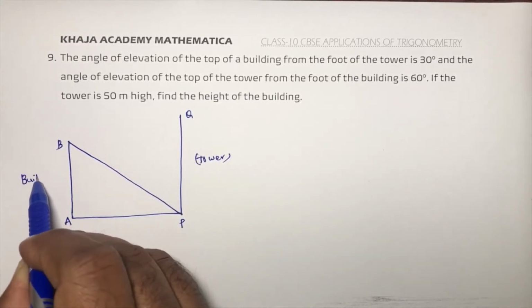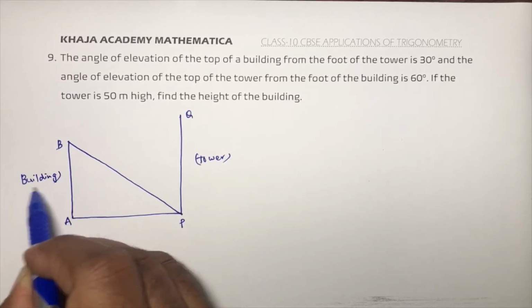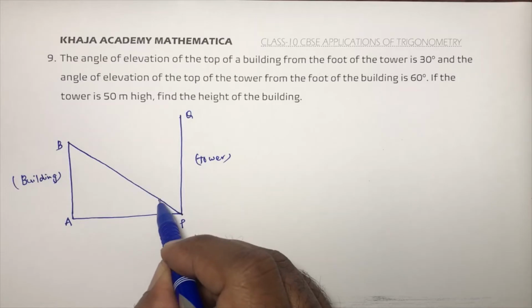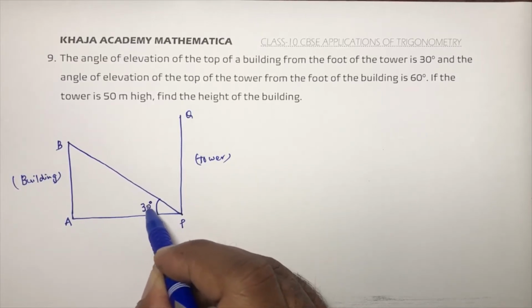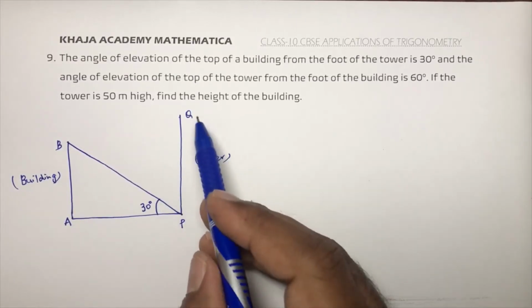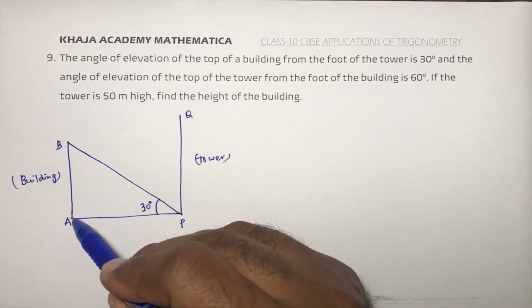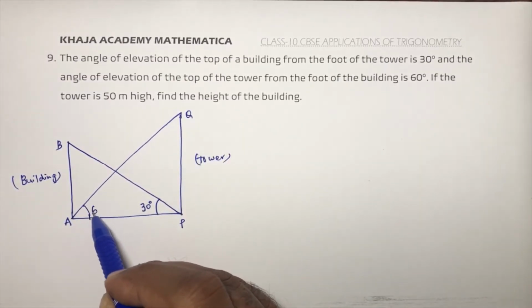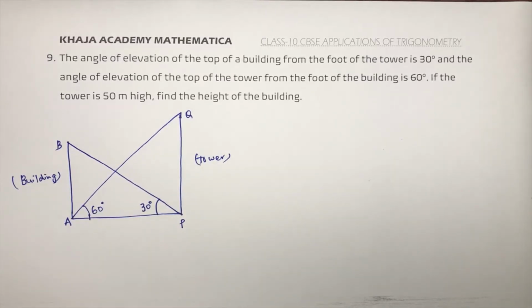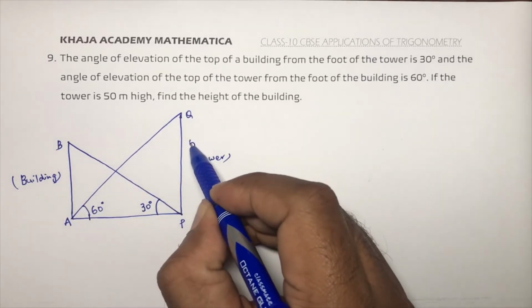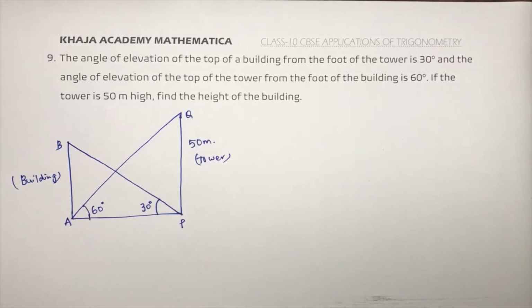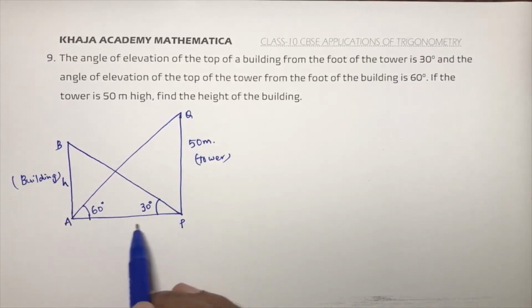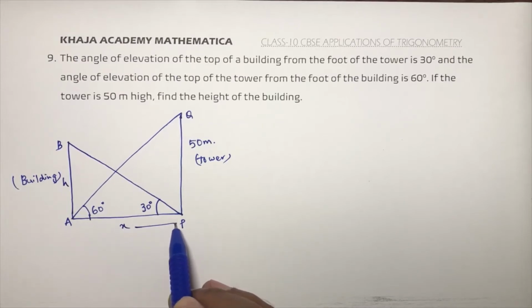If the tower is 50 meters high, find the height of the building. I'll consider it as H, and AP as X.